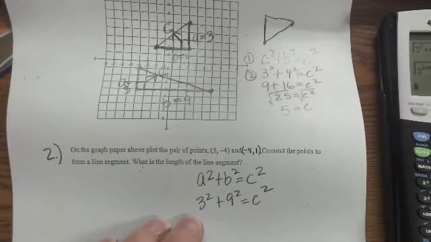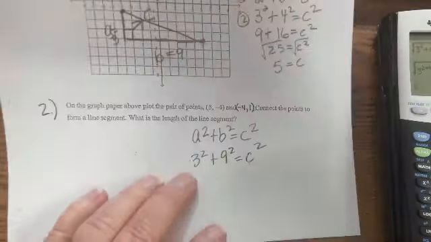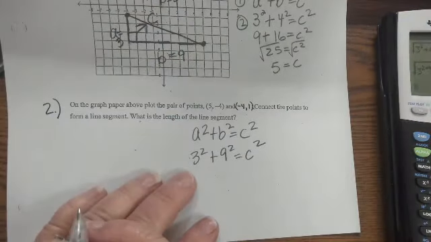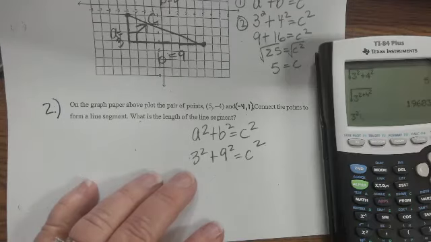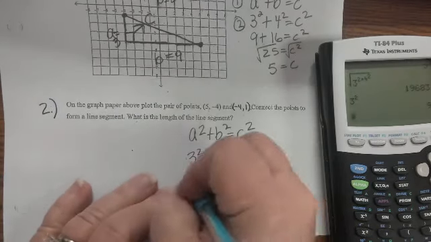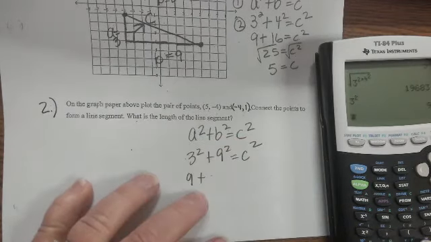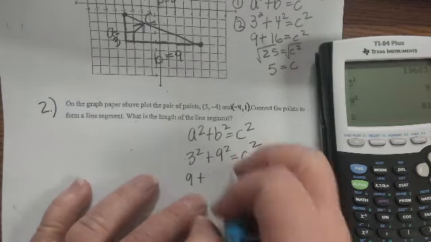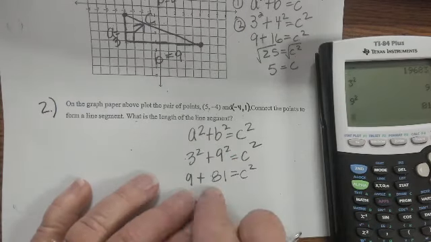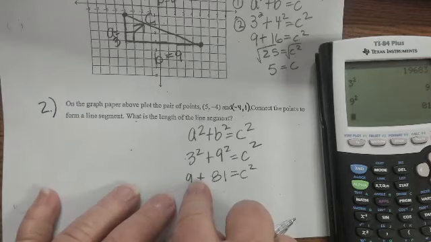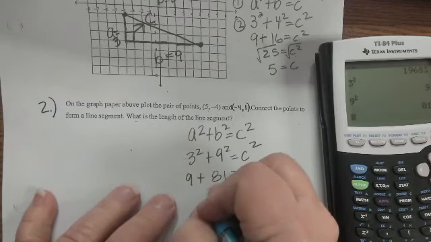Remember, that is the minimum I require before you put it in your calculator. I'm going to show you the long way because some people are more comfortable with it. So 3 squared is actually 9, plus 9 squared is actually 81, is equal to C squared. 81 plus 9 is equal to what? Everybody know?